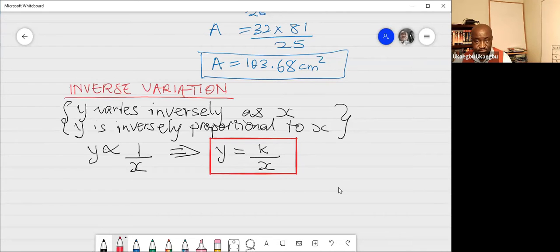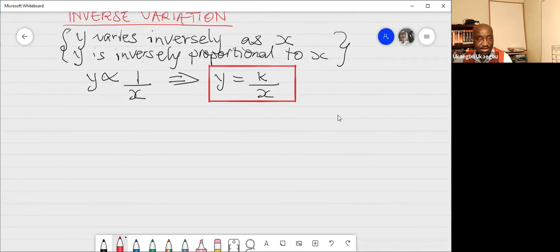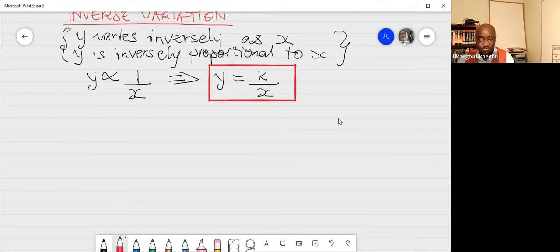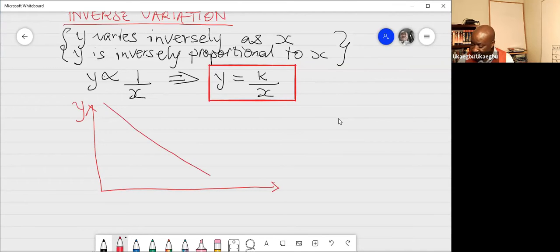Let me give you a general situation of how it applies. If you have a graph that looks like this, whenever you plot a graph where this is your x-axis, this is your y-axis, and you see your straight line running in this direction, what this means is that as y increases, x decreases.